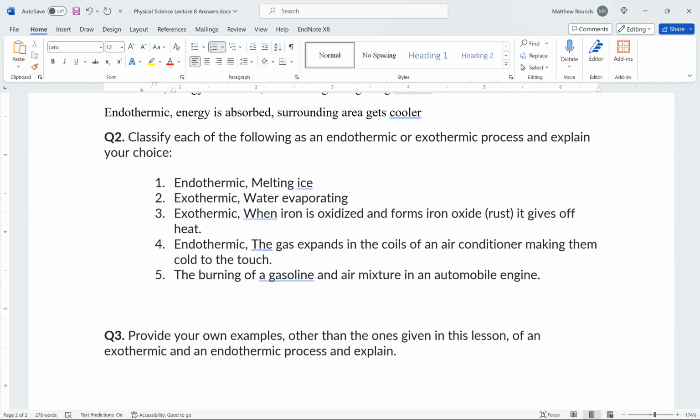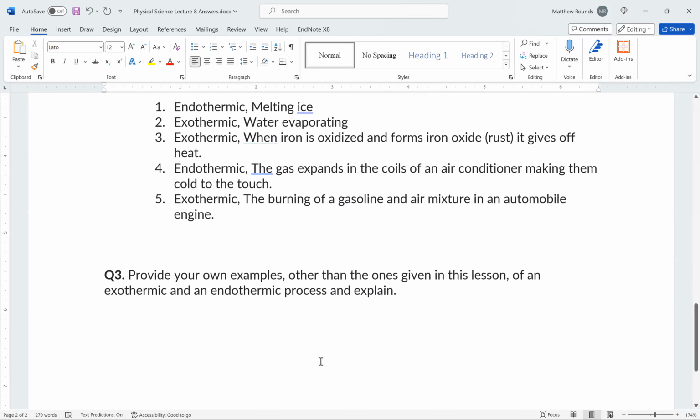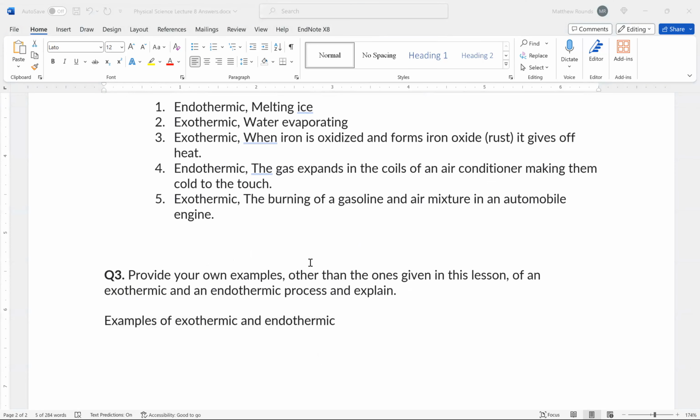And the last one's exothermic. Okay. So what I would do is go out to the internet and search for examples of exothermic and endothermic. I'll drop that in the chat in case you don't want to type it. All right, thank you.